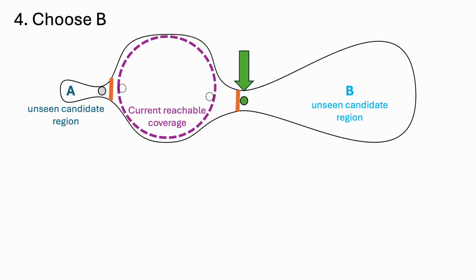So once the Scout step has finished comparing the options, the fuzzer chooses the most promising frontier, and in this case it chooses B. And at this point the question changes, because the fuzzer has already found a promising frontier, but it still needs to make that frontier reachable by a normal execution, or in other words, it needs to find a seed that can actually get there.